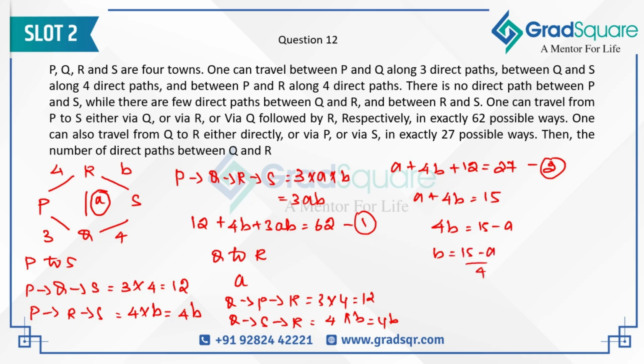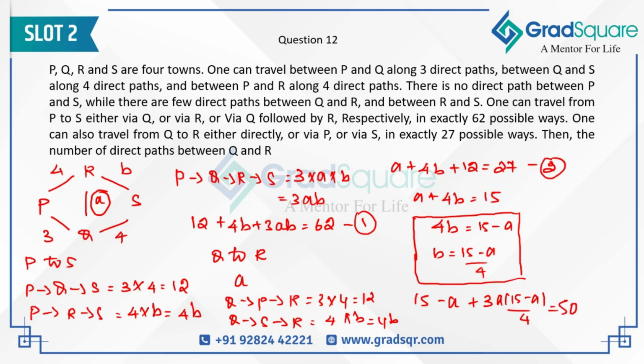Now I'm going to substitute this value in the first equation. If I substitute this in the first equation, then it will become 15 minus A plus 3 into A into (15 minus A) divided by 4 to be equal to 50.